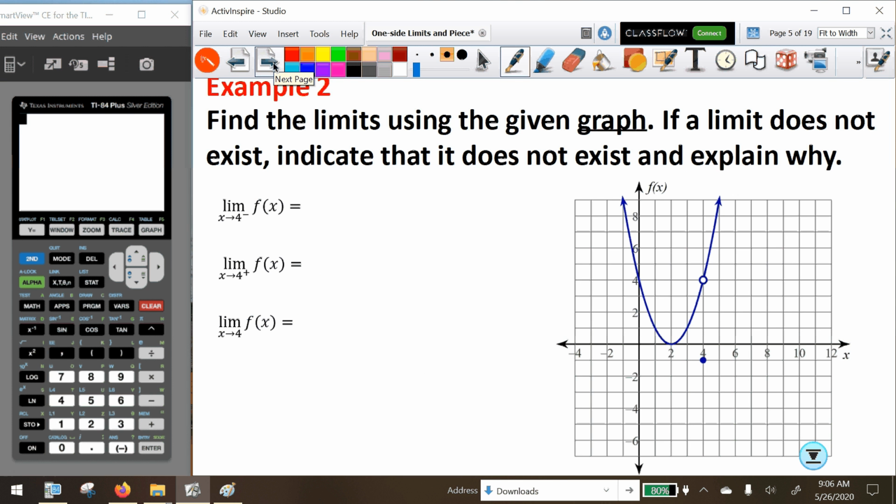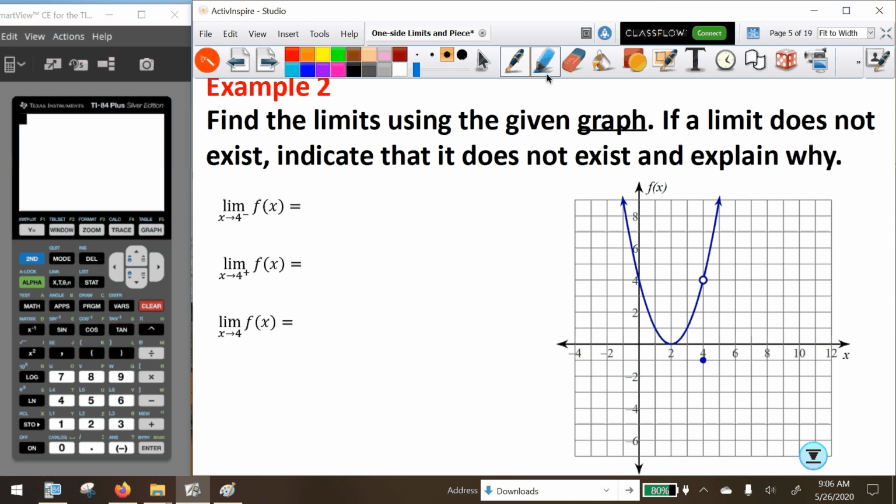Find the limits using the given graph. If a limit does not exist, indicate that it does not exist and explain why. So there is some type of discontinuity here, this removable discontinuity. So this is a piecewise function. Let's first evaluate the left-hand limit as x approaches +4.